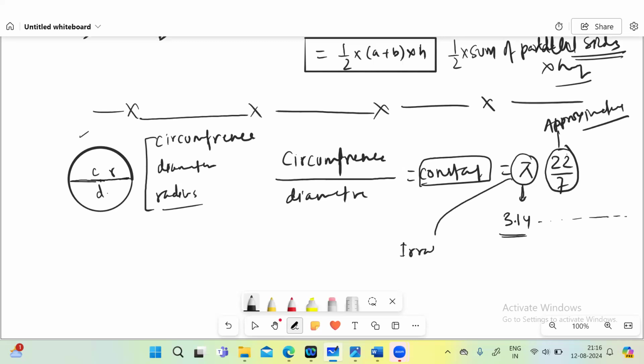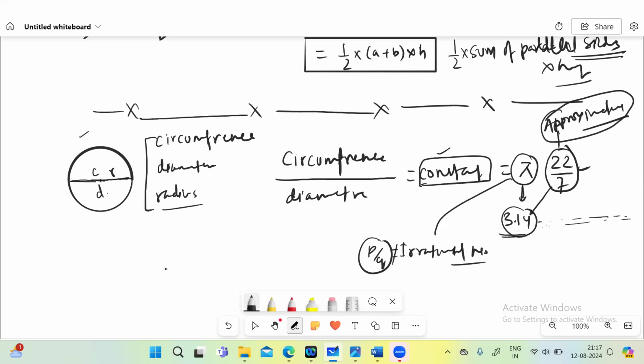It cannot be represented as p by q. The 22 by 7 that we take as a value of pi is an approximated value, but it is very useful for a smaller size circle. So we frequently take it, and everybody will accept that. 3.14 is just the decimal representation of this, but the pi value will go ahead and have an infinite number of terms.